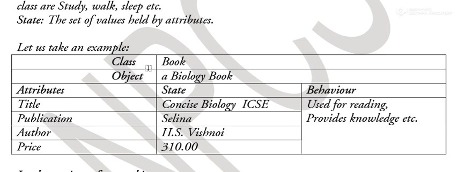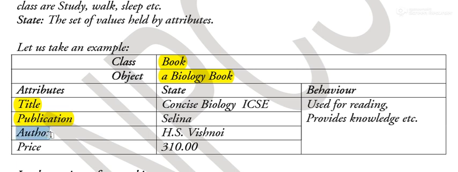In this example, class, object, attributes, state and behaviors. Book is the name of a class. A biology book is an object of the book class. Attributes: title, publication, author and price.